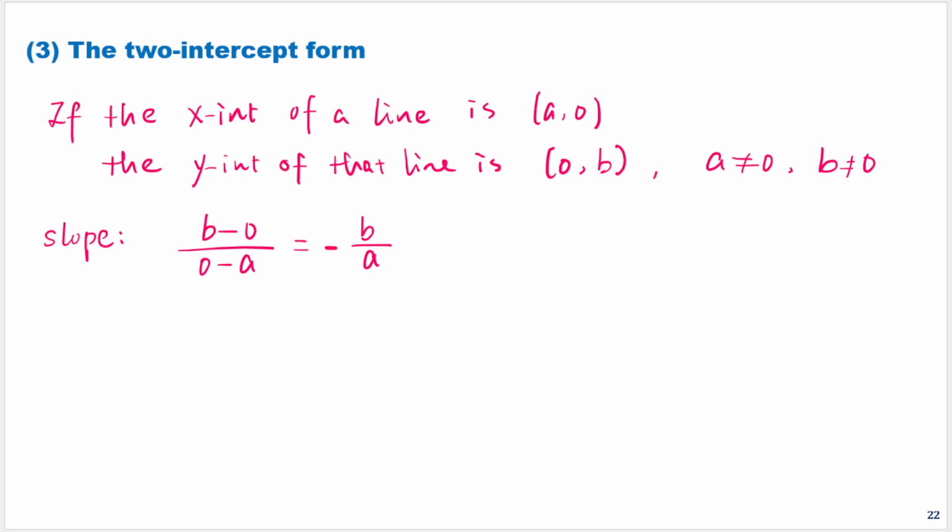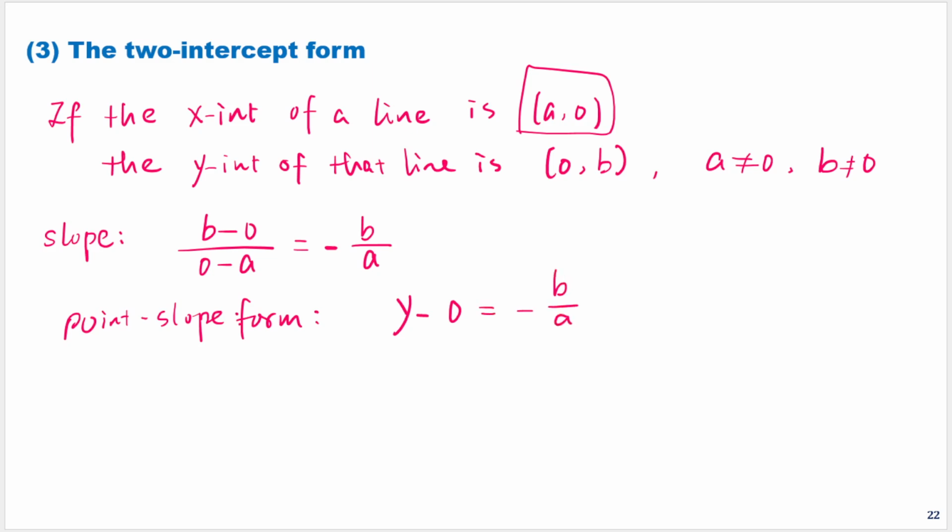And of course, we already know that the line passes through the point (a, 0). We know this point, therefore we could use the point slope form to express that line, right? Which is y minus y naught, the given point, equals slope negative b over a times x minus x naught, the given x coordinate of that point.